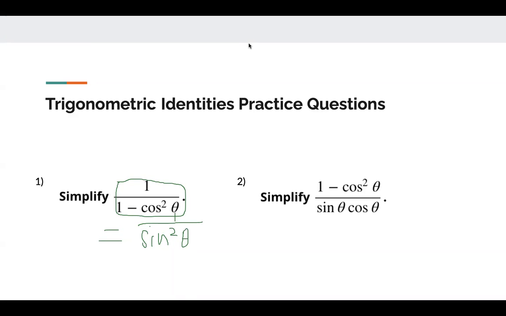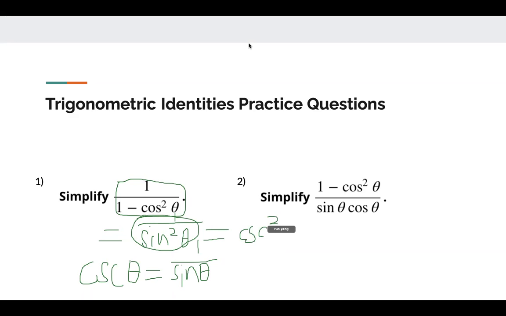Then after we get this one, we know that cosecant theta equals 1 over sine theta. So this expression equals this, which is the cosecant square theta.